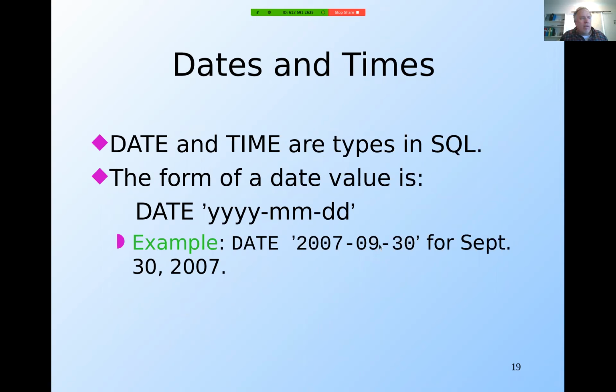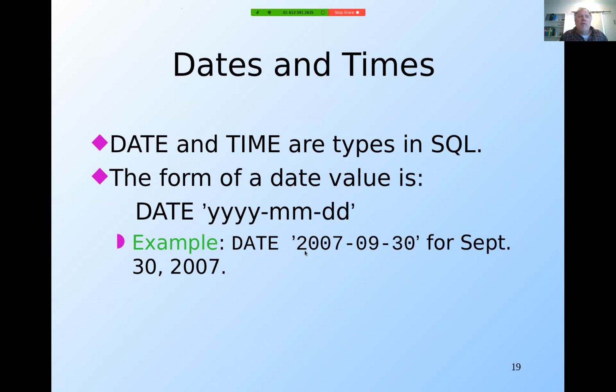Why not the American way, which would be 9/30/2007, based on the month, then the day, and then the year? But why would we do it this way?